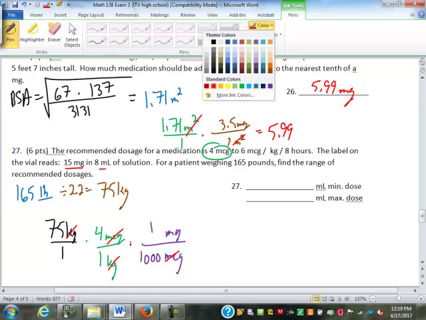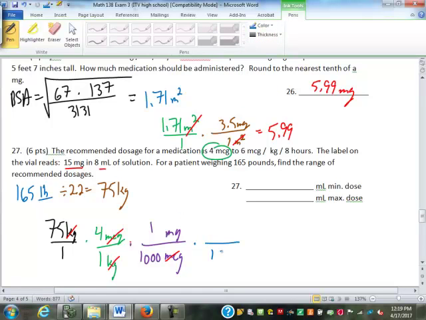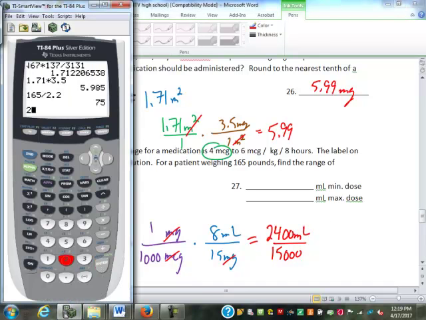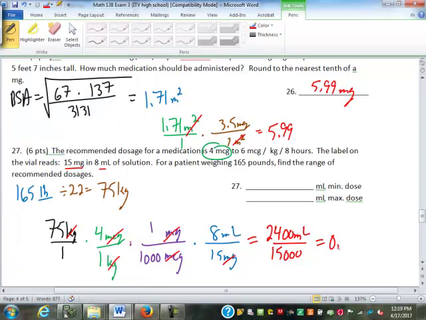So we have 15 milligrams to 8 milliliters. So the milligrams cancel. So that 75 times 4 is 300, times 1, times 8 is 2,400 milliliters, over 1 times 1 times 1,000 times 15 is 15,000. So 2,400 divided by 15,000 is 0.16 milliliters.